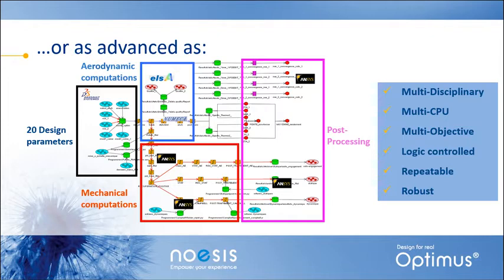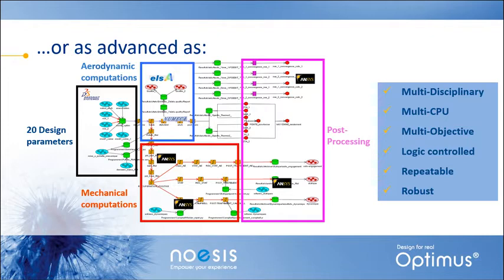With Optimus we give our users ultimately the ability to do multidisciplinary optimization and workflows, to utilize multiple CPUs and also to run all of these workflows in parallel. So you can actually, from a single workstation, launch many different designs out over a scheduler, out into a queuing system.